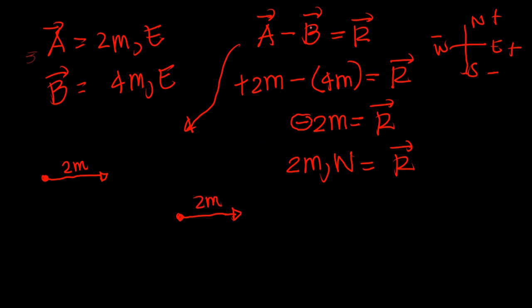If B is negative, or minus, no? Minus B. So, anong ibig sabihin natin ng minus B? Kasi this time, this is operation of subtraction. It says that para siyang negative ng B. Ano yung negative ng B? B mo ay east. So, somewhat negative. So, ibig sabihin, it should be in the opposite direction.